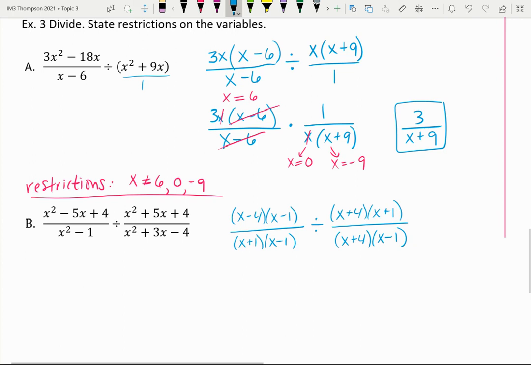Otherwise, you can copy down my factoring. A lot of 4s and 1s and x's in this problem. Yikes. And I'm going to ask you to do the problem from here. Find the restrictions, multiply by the reciprocal, find the restrictions again, and simplify. Let's see if you can get all the little pieces.